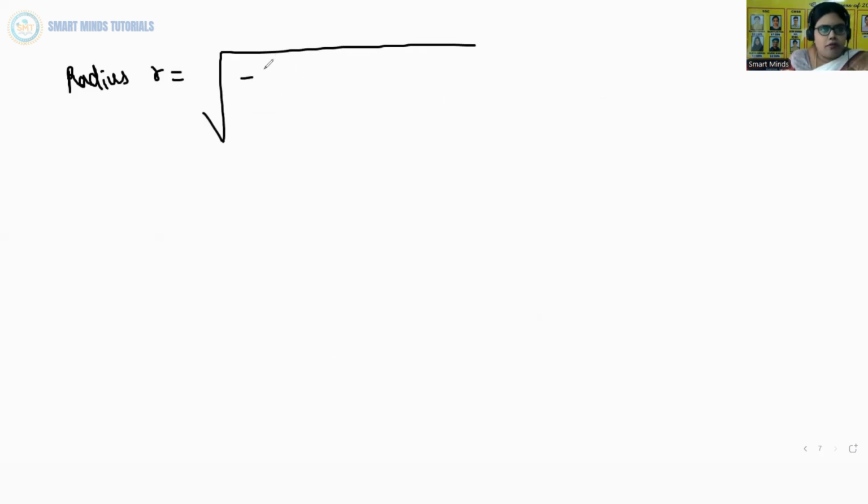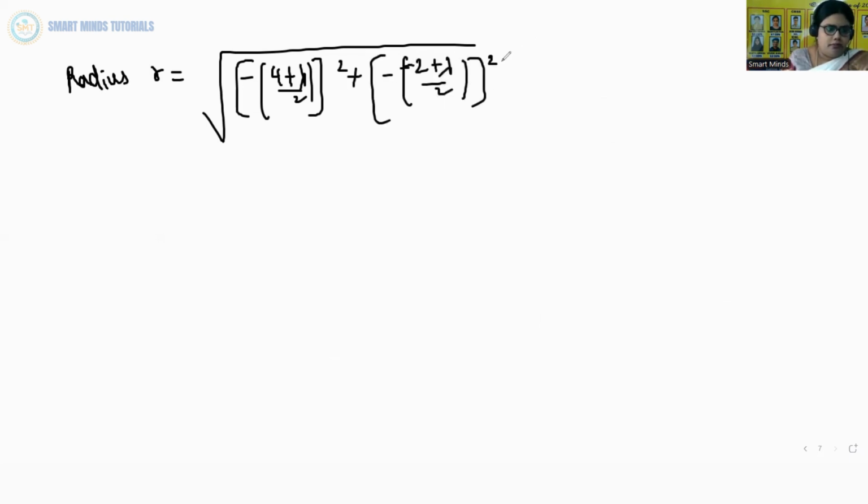Now we need to find out the radius. So radius r is equal to root over minus of (4 plus lambda) by 2 whole square plus minus of (minus 2 plus lambda) by 2 whole square plus minus of (1 plus lambda) whole square minus 6.